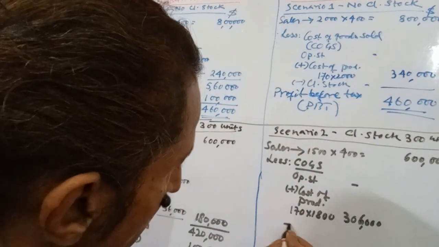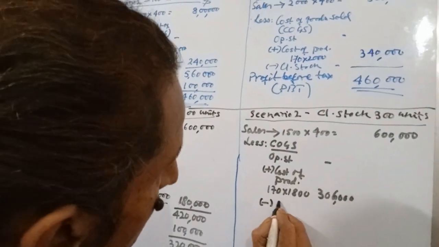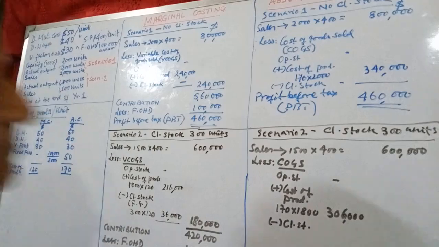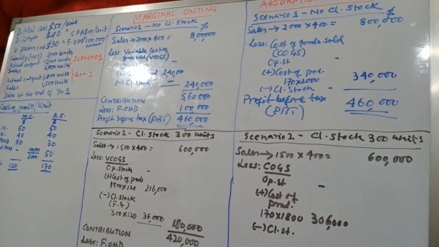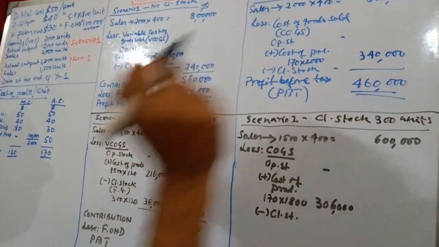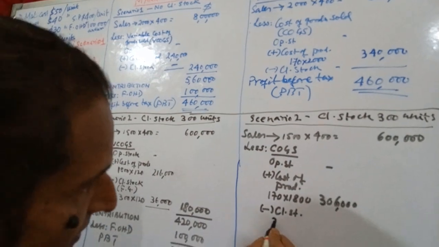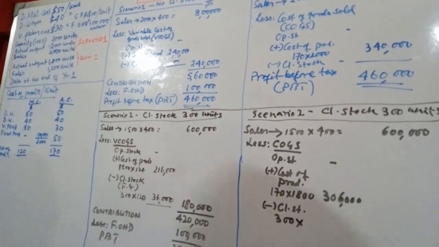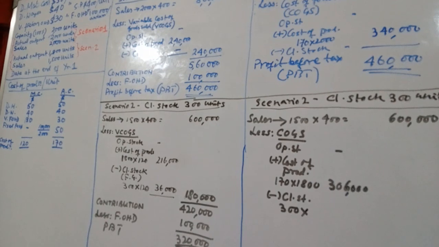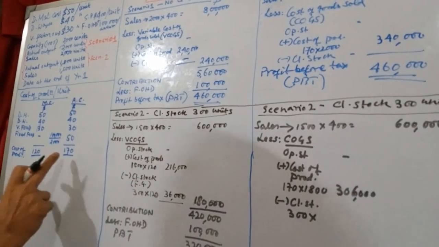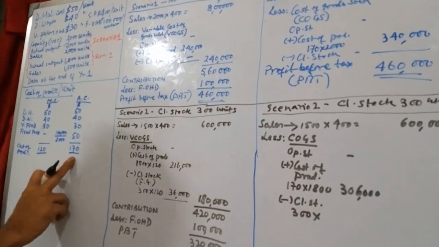From here we deduct what? Closing stock. How many units? 300 units. So closing stock is 300 into what should be the value? Per unit is 170.